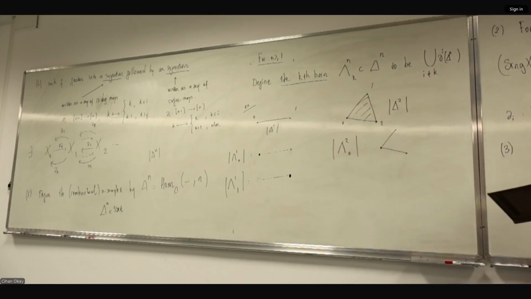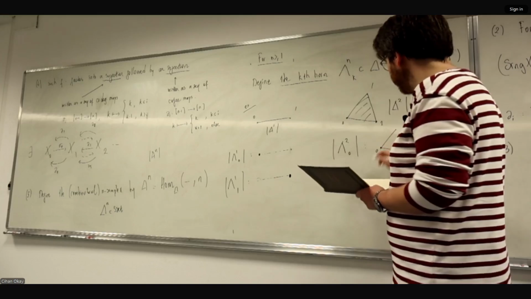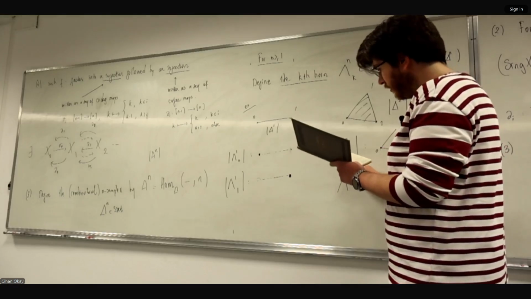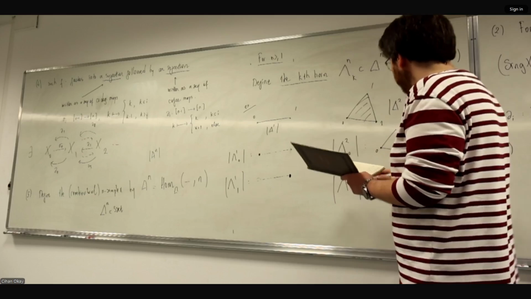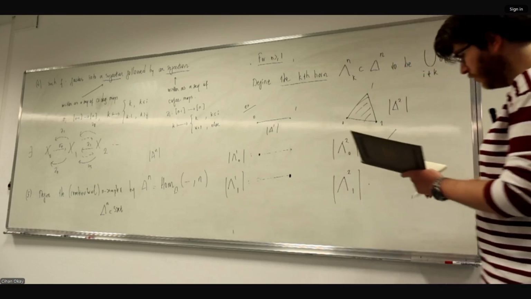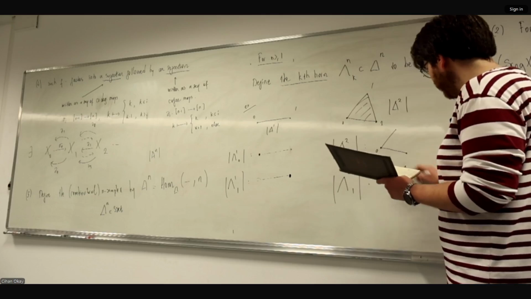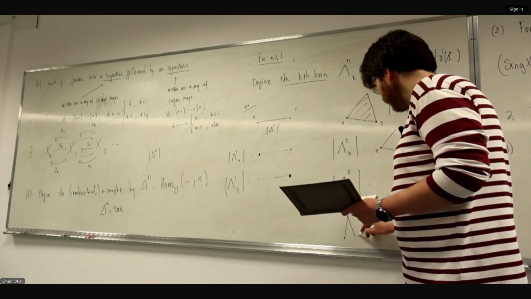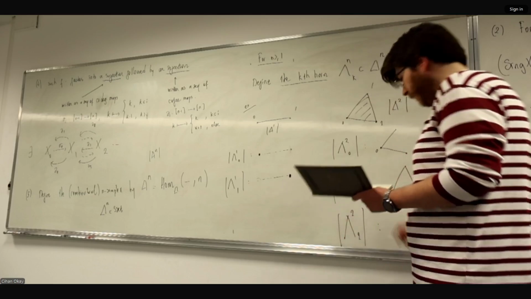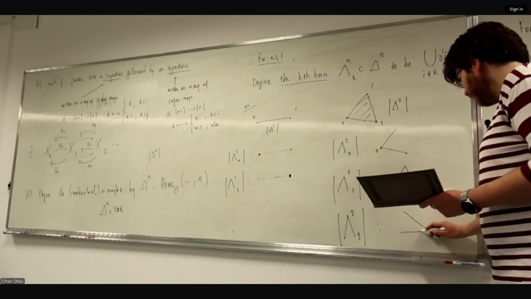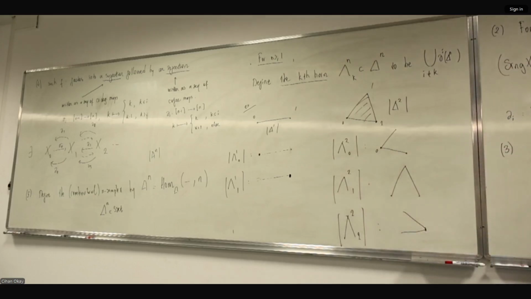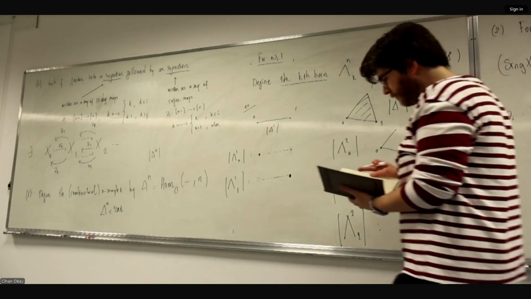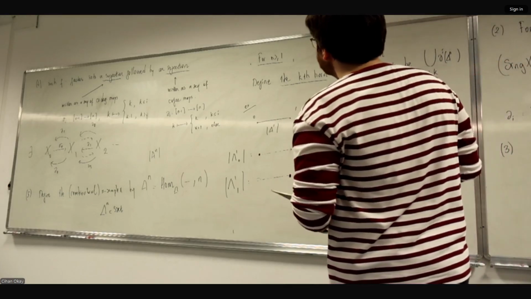This is 0, 2, 1, now this is something like this, and finally 2, 2. So these are your horns when n equals 2, and you can keep doing that. This is what we call a kth horn.